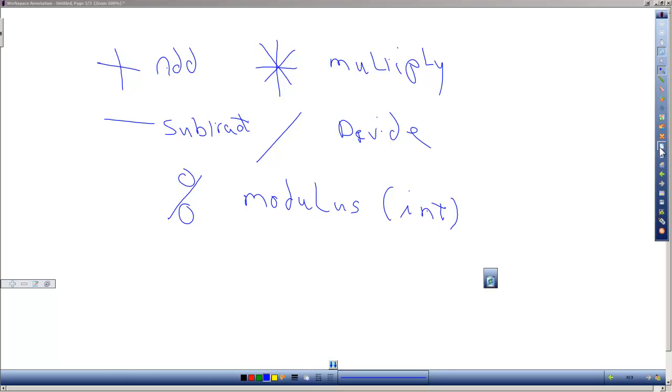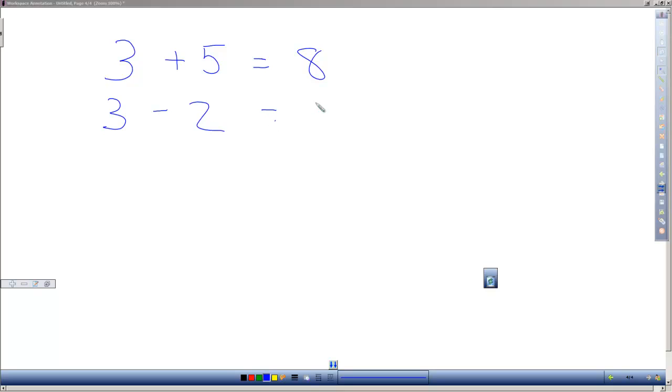So let me grab a new page here, and just some simple math operations. Of course, we know that if we had 3 plus 5, that would give us 8. Now, I've not told us how to do math in C++ yet, but we'll just do it the way we'd do math by hand. If we had 3 minus 2, that would give us a 1.